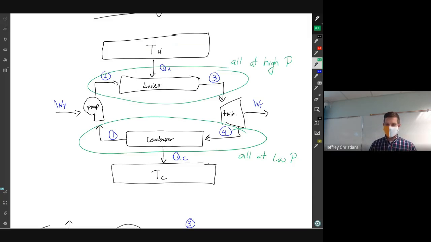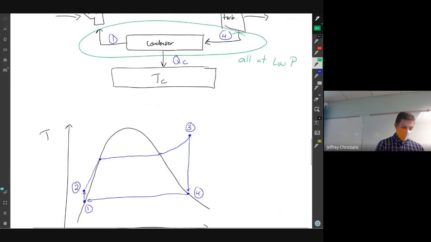And then the turbine, we have superheated vapor coming in, and we're using that, and we're extracting work, and vapor is coming out. It's easy to design a turbine that works with one phase, like just a gas or just a liquid. It's impossible if we have too much of both. So the turbine works great.